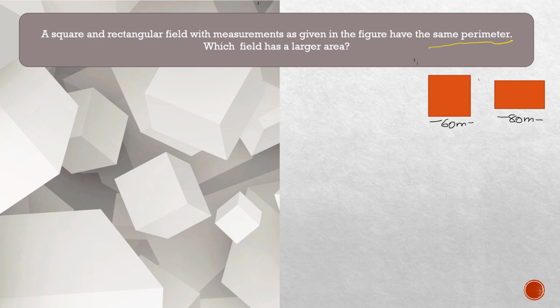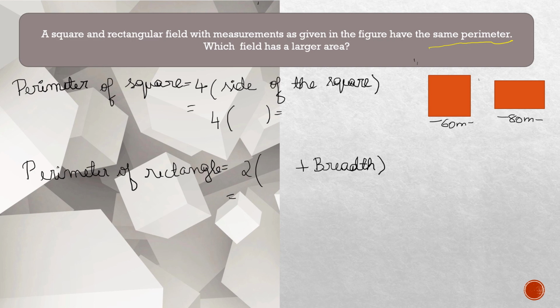Perimeter of a square is equal to 4 into side of a square. What is the side of the square given? 60 meter.